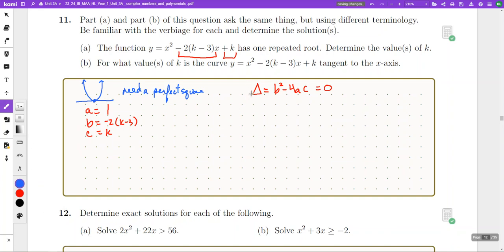So that means that I need to solve the following. I need to solve b squared, so that would mean 4 times (k minus 3) squared, minus 4 times 1 times k. I need to solve that being equal to 0.